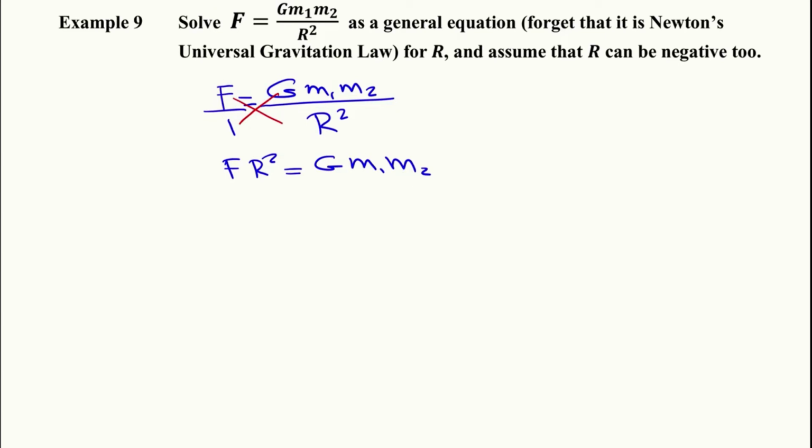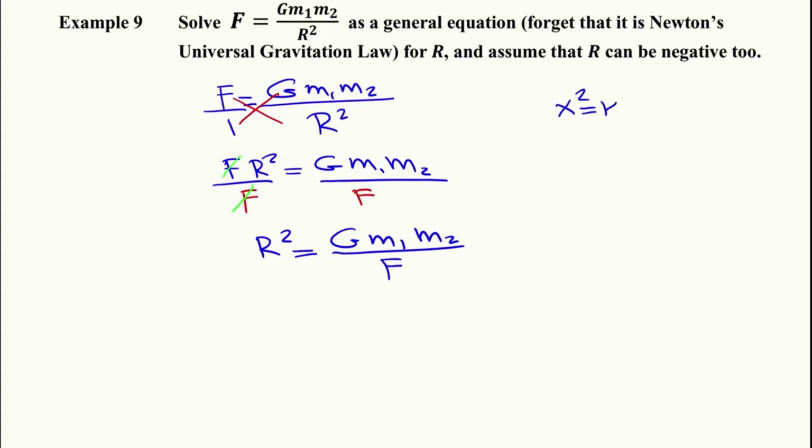All right, so now we're going to get rid of the f, so we'll go ahead and divide both sides by f. Now we notice that they will cancel out, so we end up with r squared equals g m1 m2 over f. And now we're going to apply the square root property.